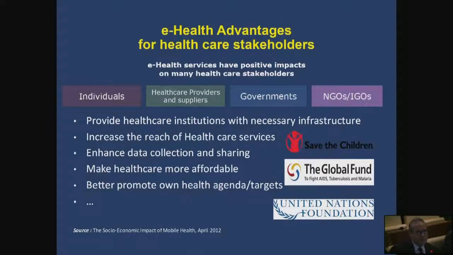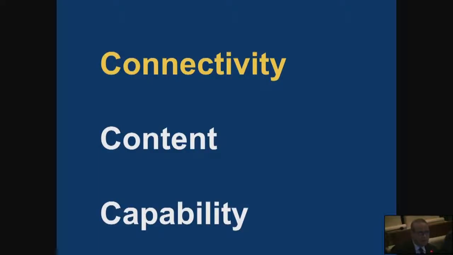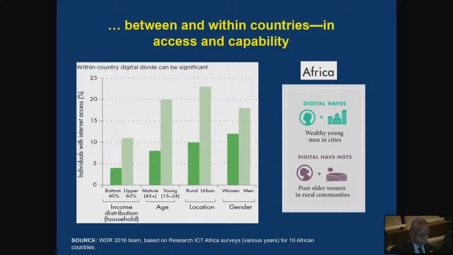Now, if we link this to the issue of connectivity, content, and capability that Joaquin was referring to, we know the technology which is the most spread is the technology of cellular phones, of course, and a lot of the internet is also linked through that. But the important thing that I want to raise here, within countries in the continent of Africa, is what are the major digital divides that we find even today in terms of individuals with internet access?